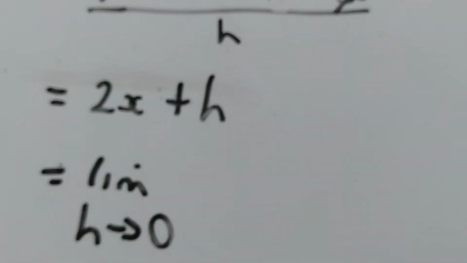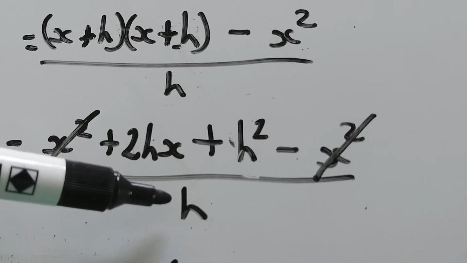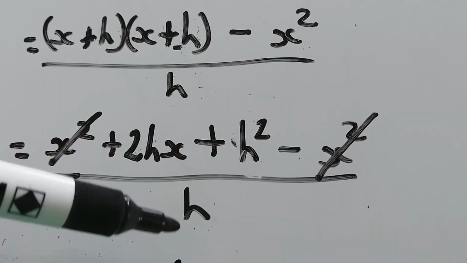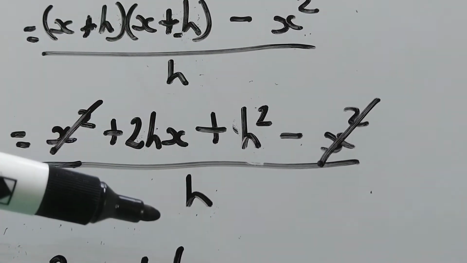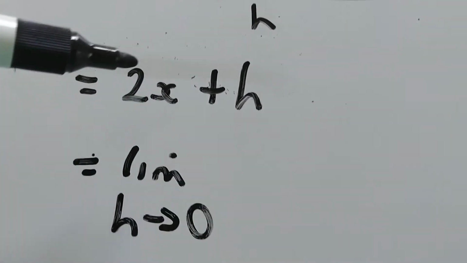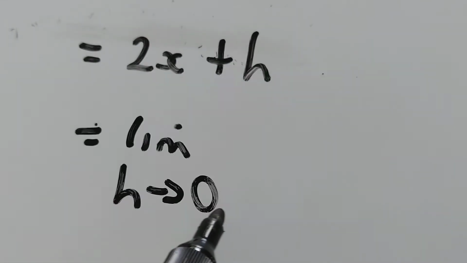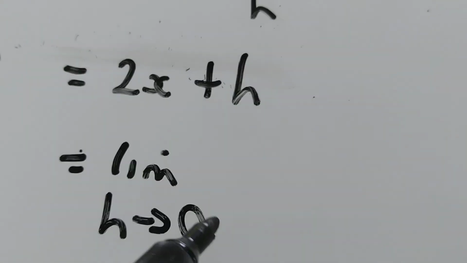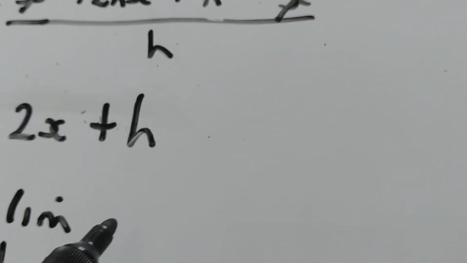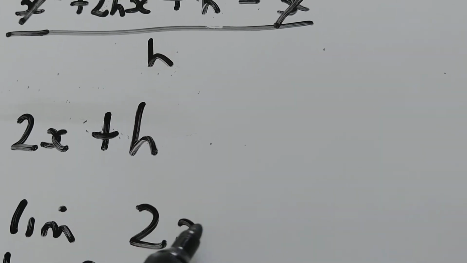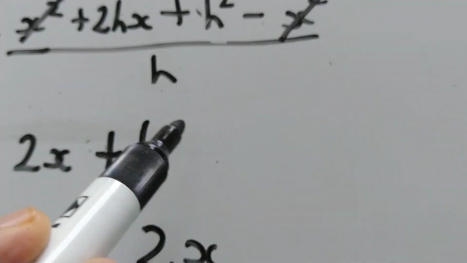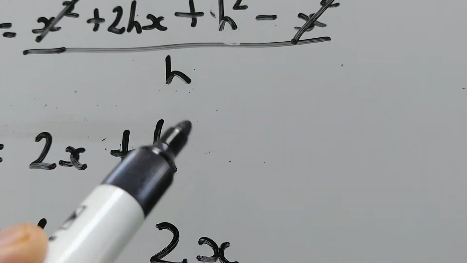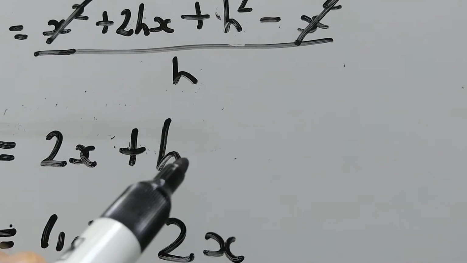H can never be 0, because at this point we divided everything by h, and we're not allowed to divide by 0. But we can say as h gets closer and closer to 0, so this stands for the limit as h tends to 0 equals 2x, because this bit here gets so close to 0 it makes no odds.